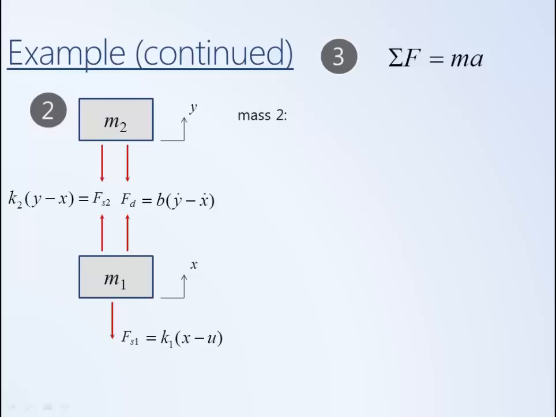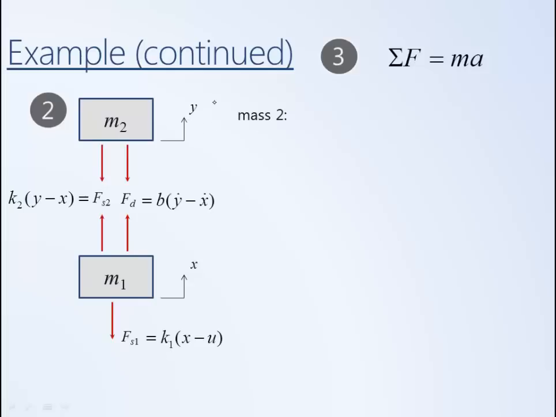So for mass 2, if we look at our free body diagram, the two forces are Fs2 and Fd. They are both downward, which is opposite of positive y as we've defined it. So the two forces will be negative Fs2 and negative Fd, equal to mass times acceleration, where in this case the mass is m2, and the acceleration of the block we can express in terms of y.